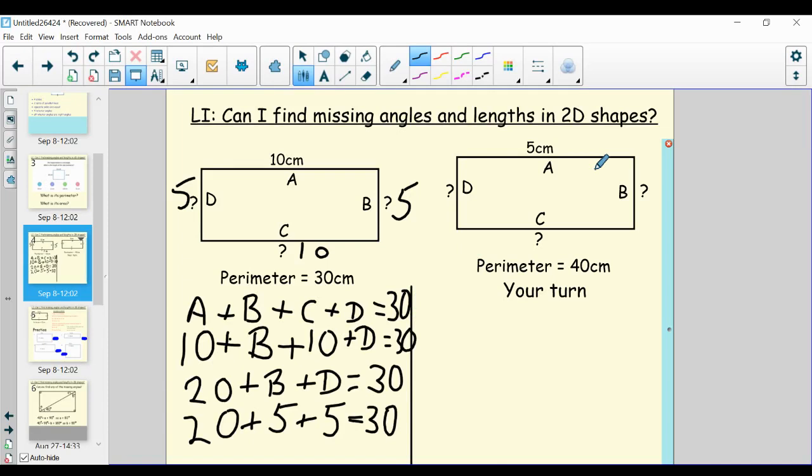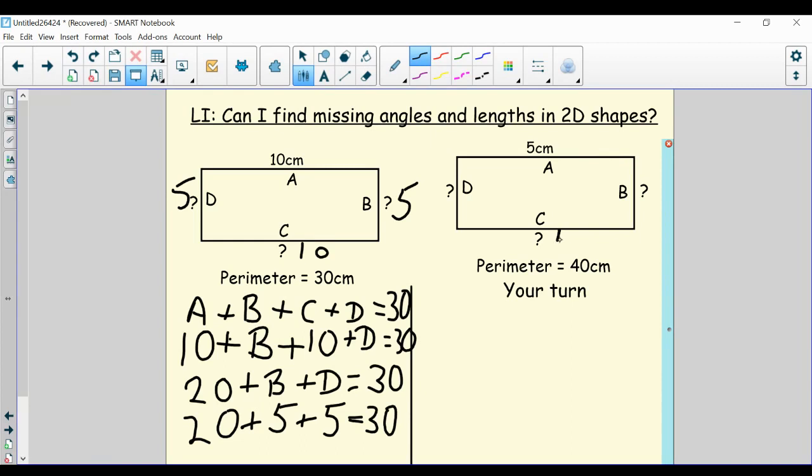Okay, so for this example, we are told that A is 5, which means that C is also 5. So we know that these two sides add to 10.